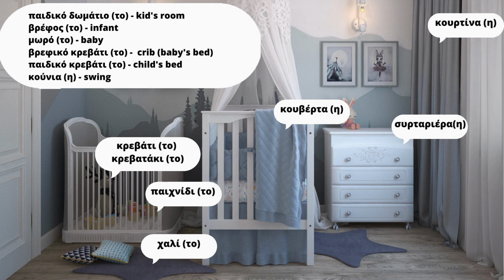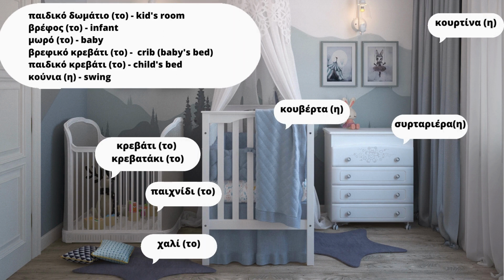So in this baby's bed, we can also see some kind of toys. The word for any toy or for any game in Greek is το παιχνίδι. It's the word below. Το παιχνίδι. On the floor, we can again see some rug, which is called το χαλί.